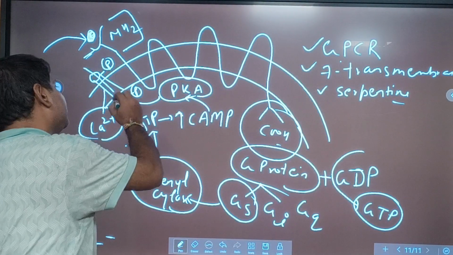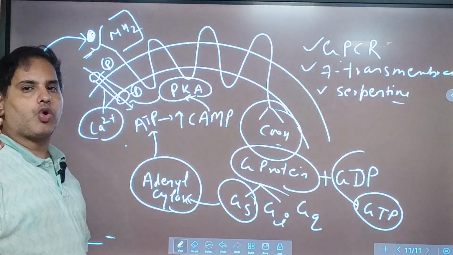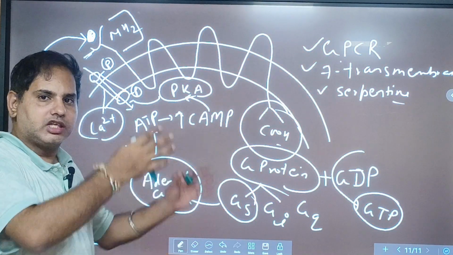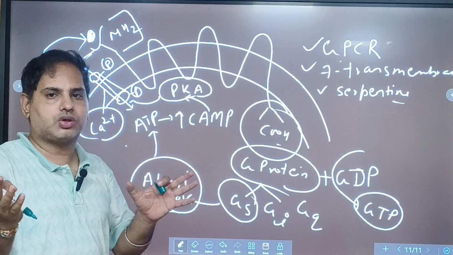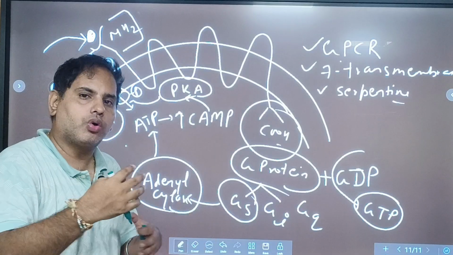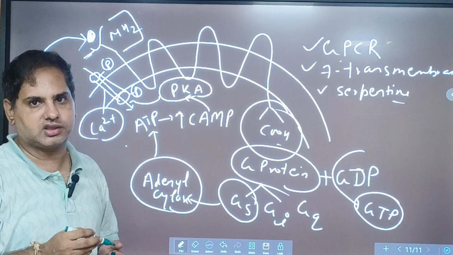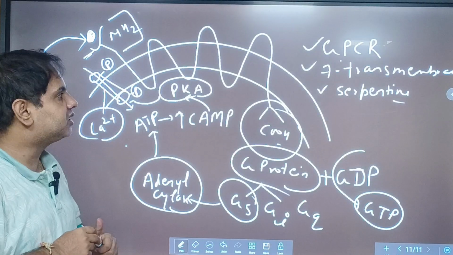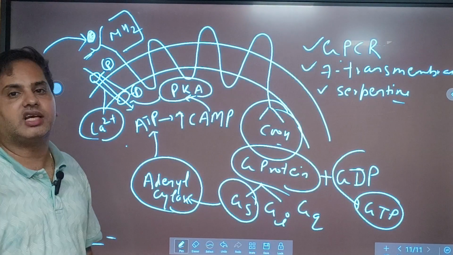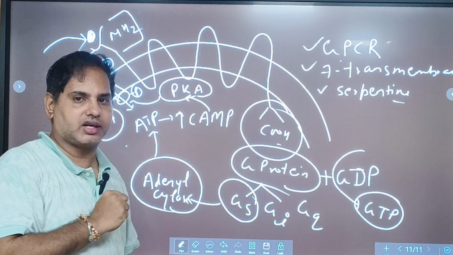Due to this phosphorylation, calcium channels will be open for a longer period of time. There is more influx of calcium, so you know that more concentration of calcium will result in ventricular contractions. So this is the mechanism by which sympathomimetic drugs increase ventricular contractions.